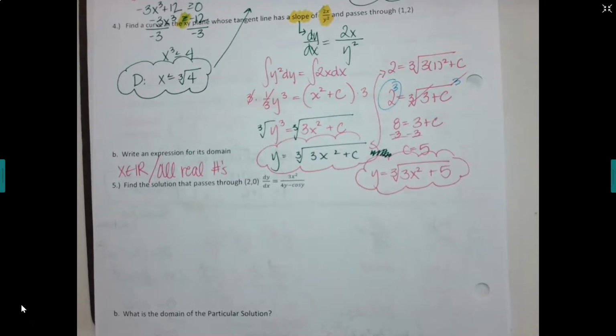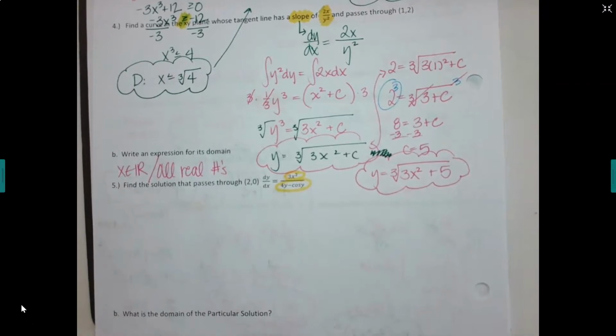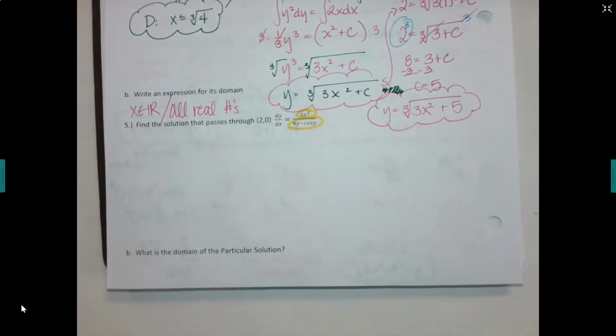Okay. Try the beginning of number 5. Number 5. How is my separable differential equation separated? Division. I got x stuff divided by y stuff. So separate it. And then try your integral on both sides.